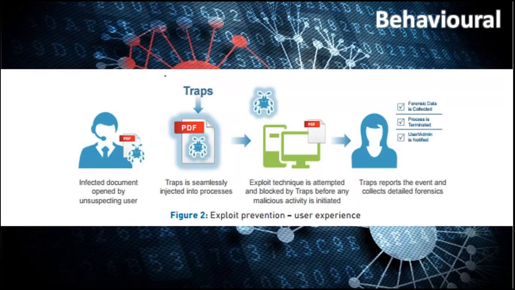The other thing that it is looking for is context. So should a PDF be sending any information back to the internet? Well, by definition, a PDF is a read-only document for you to read. It should not actually be sending anything back out onto the internet.